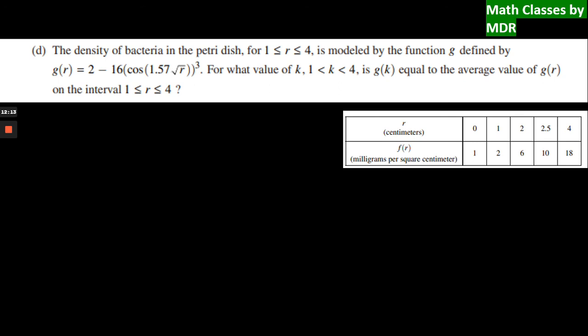So what could be the answer? For what value of k is g of k equal to the average value of g of r on the interval 1 to 4? So on the interval 1 to 4, what is the average value of g of r?